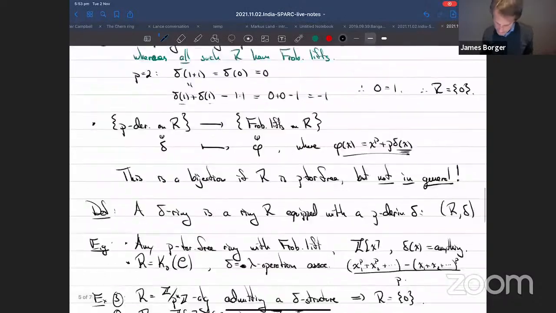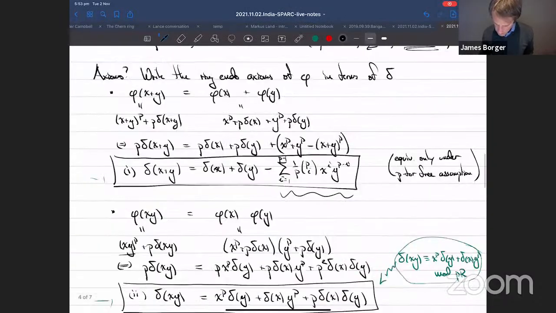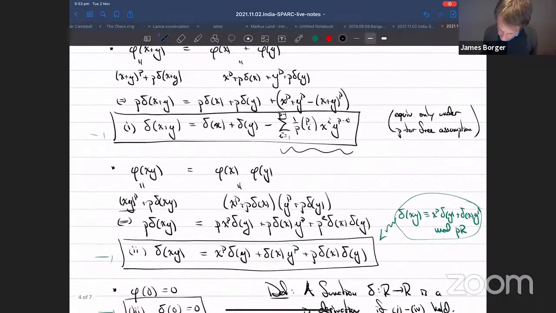Somebody might be tempted to say, okay, there are many identities in terms of universal formulas that such a delta would satisfy. Why do you only look at these basic ones? There are probably more complicated ones, like for delta of x squared.